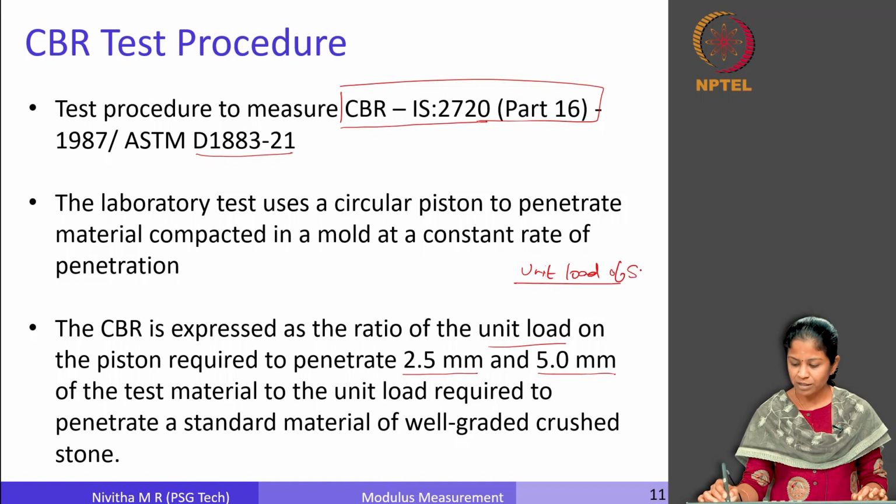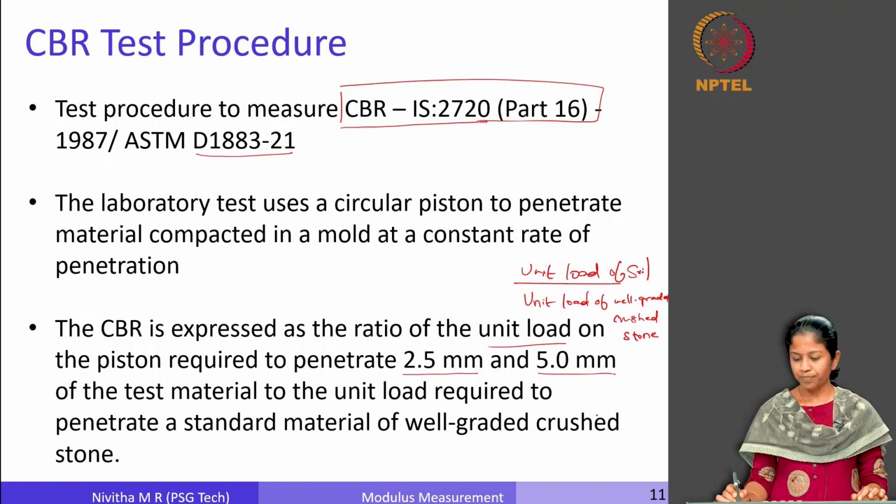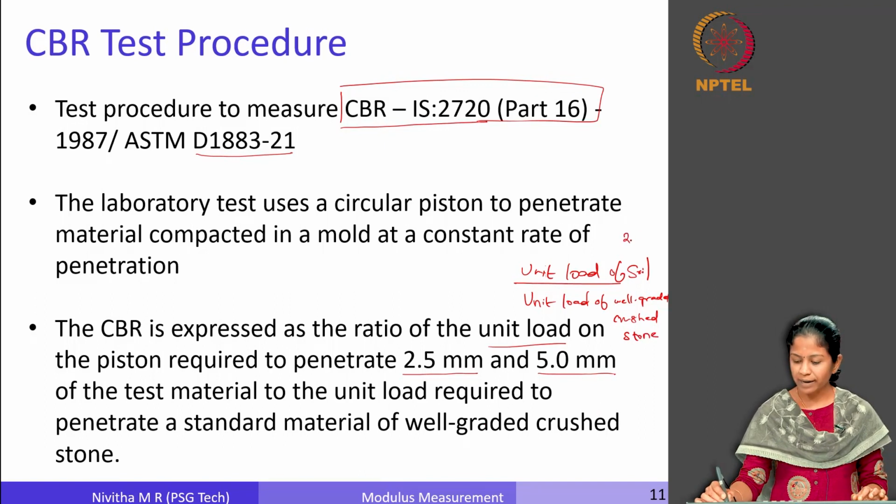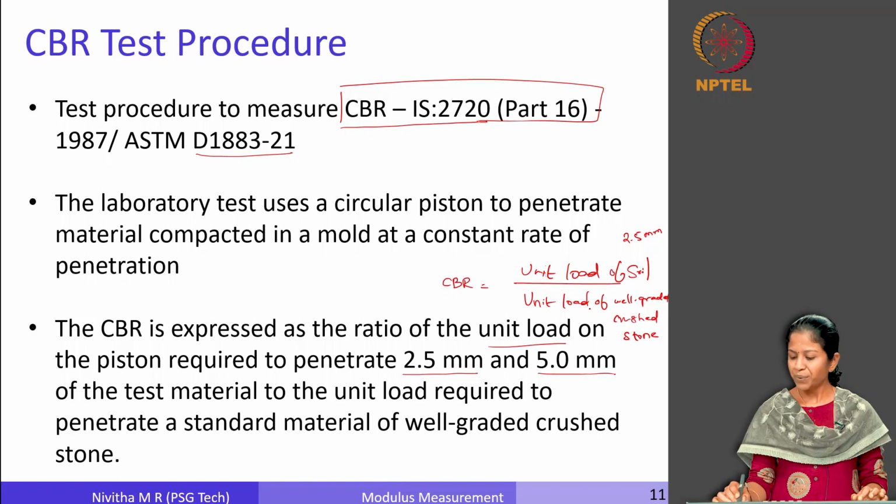Unit load of my soil to penetrate 2.5 mm depth divided by the unit load of a well graded crushed stone, right. Unit load required to penetrate 2.5 mm depth of my soil divided by unit load required to penetrate 2.5 mm of well graded crushed stone. So this ratio is what is quantified as CBR, right.